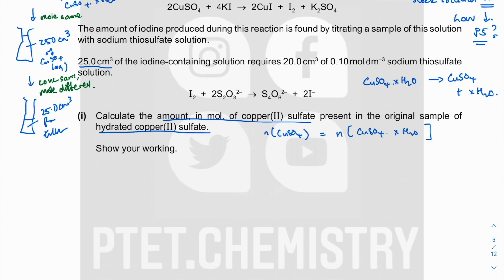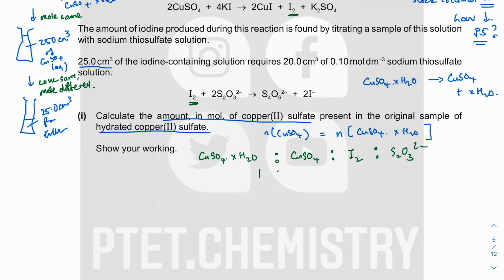This kind of question is very important that you can see what is going on. I will just compare mole ratio now. Okay. So compare that to CuSO4. Compare that to I2 because I2 is the only thing that relates these two equations together. Yeah. Compare that to S2O3 2 minus.